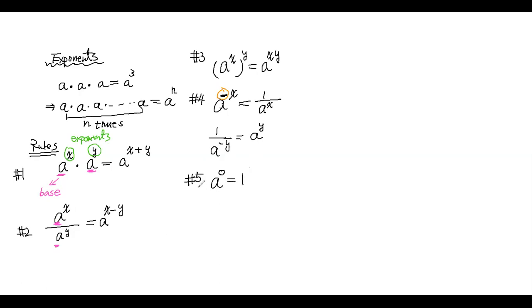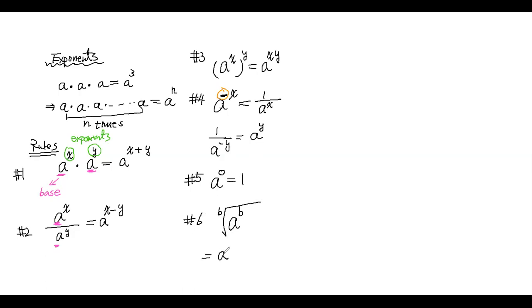Then the other one we have is something like this. If you have A to the B's power, and then you take the B's root, what is this going to be?